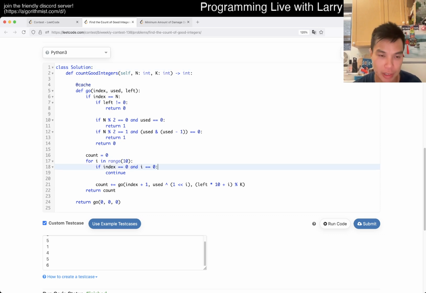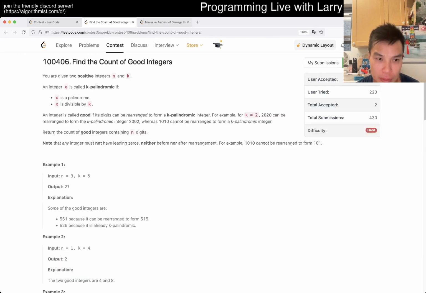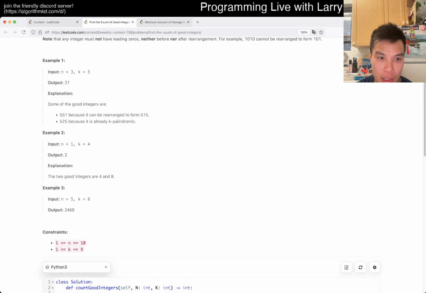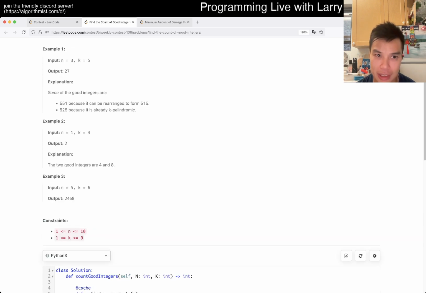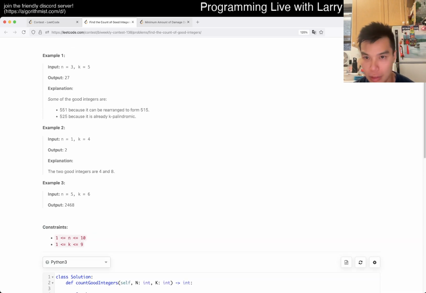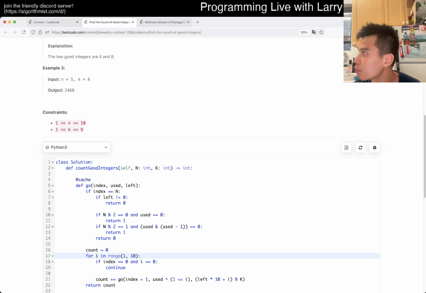Okay, so let's say we just ignore 0. We should be undercounting. Yep. So then now it's 25. So that means that we are only adding the 2 zero cases. What are the zero cases? It's 505 and 550, right? So those are the 2 zero cases. So what are the impossible cases?